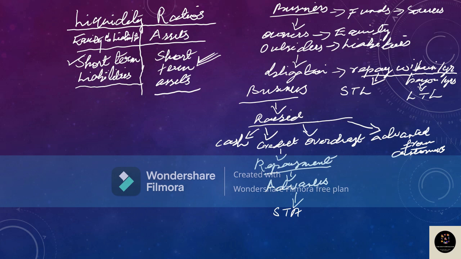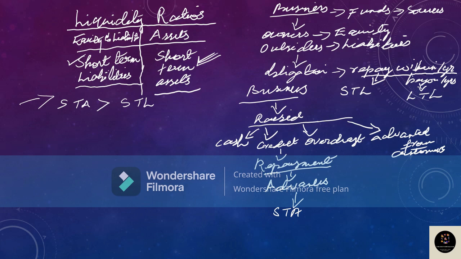So if we take a look at proportion here, short-term assets are greater than short-term liabilities. It means that these assets could not have been created with just short-term funds.